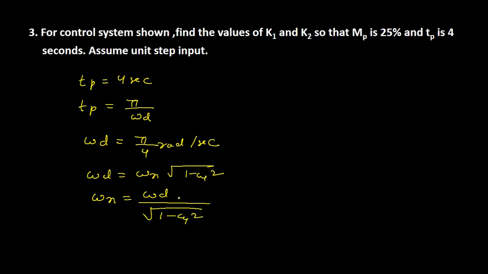Now we put the value of omega d and zeta in this equation. Omega n is equal to pi by 4 divided by under root 1 minus 0.4037 square. When we solve this, omega n will be equal to 0.8584 radian per second.